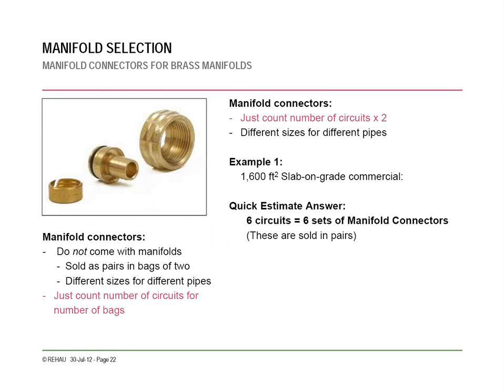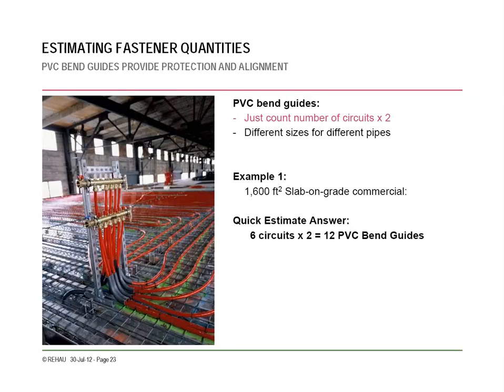So you just need to count up the number of circuits you have, and those are the number of manifold connectors you need. That I'm assuming is pretty common across all of the manufacturers. That's definitely the case for Uponor. So if you're calculating for an Uponor-specific job, you just total up the amount of circuits you have, and that's the number of connector packages you need.